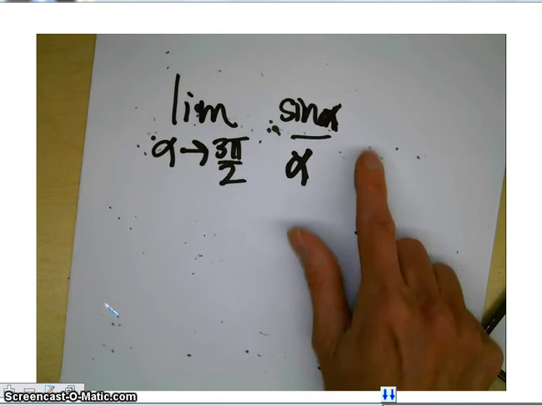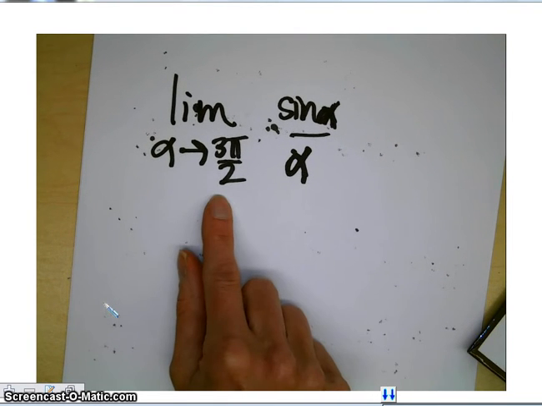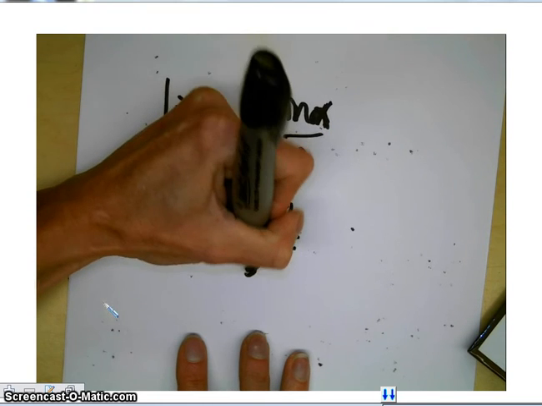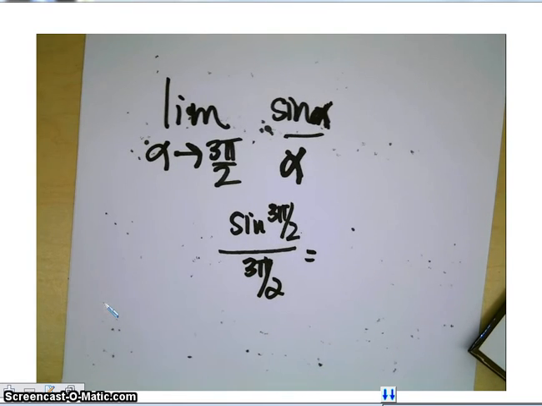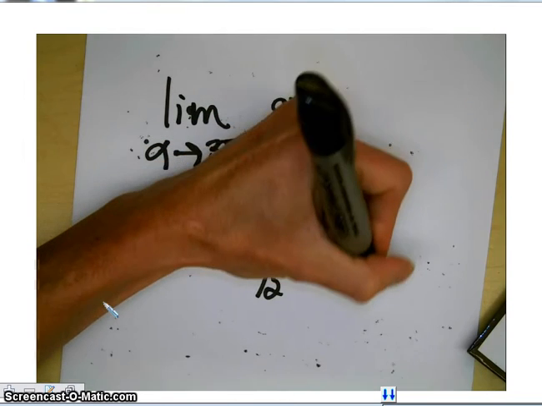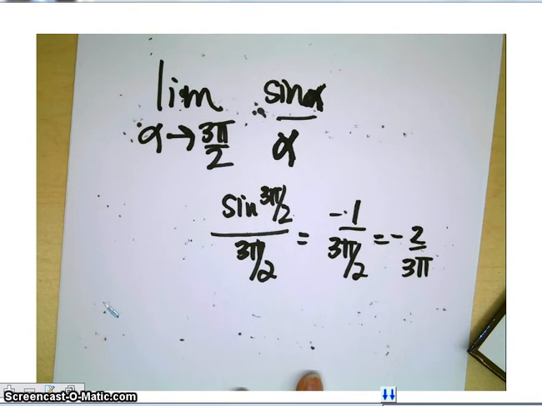You might jump and say, oh, that's 1, but why would you be wrong? It's not going to 0. So what should I do instead? Substitution. The sine of 3 pi over 2 divided by 3 pi over 2. What's the sine of 3 pi over 2? It's negative 1 divided by 3 pi over 2, which is negative 2 over 3 pi. And there's our limit.